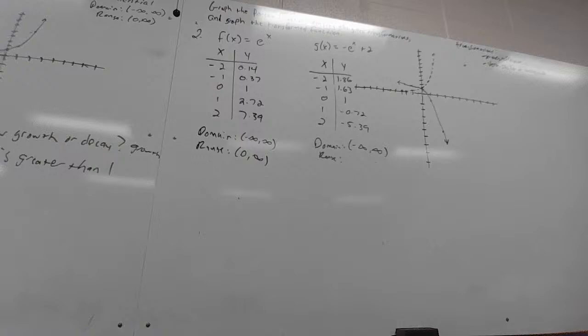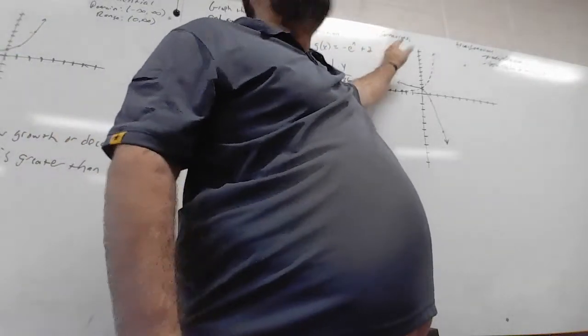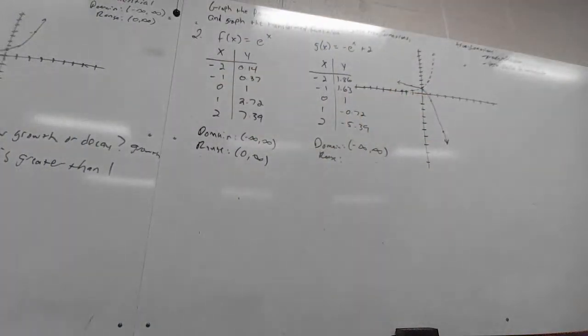No, I'll stop you right there. Technically, yes. Actually, that was a trick question. Forget I asked that question. Both transformations actually affected the range, right? Because if I reflect it, so e to the x has a range of 0 to infinity. When I make that x-axis reflection, the range now became negative infinity to 0.